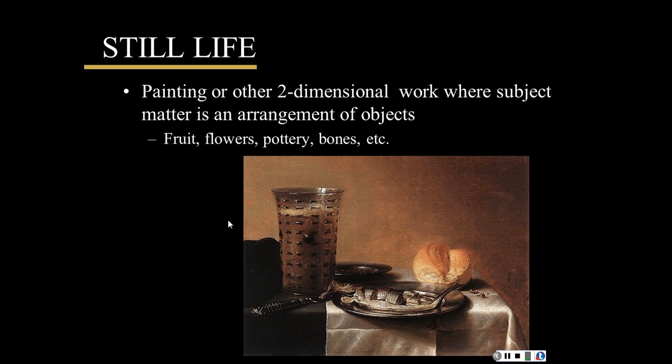And basically what is going on is that we're focusing in on the materials and the textures, in this case between the fish and the silverware, the texture of the bread, the translucent quality of the glass, the liquid that's inside. So it's just a study or an arrangement of a group of objects. Doesn't really go beyond that, in terms of content or meaning.